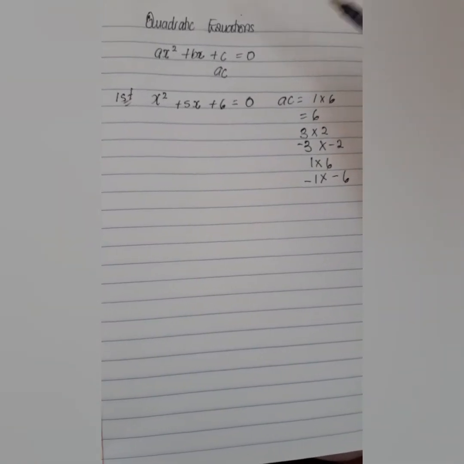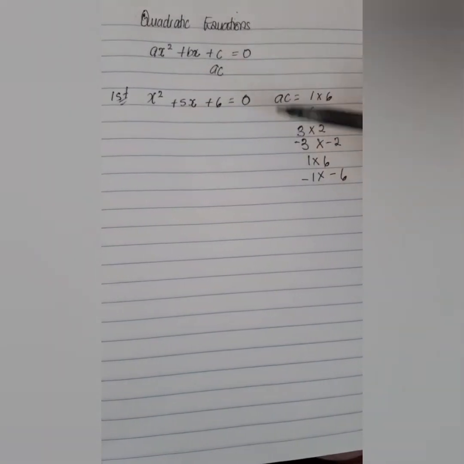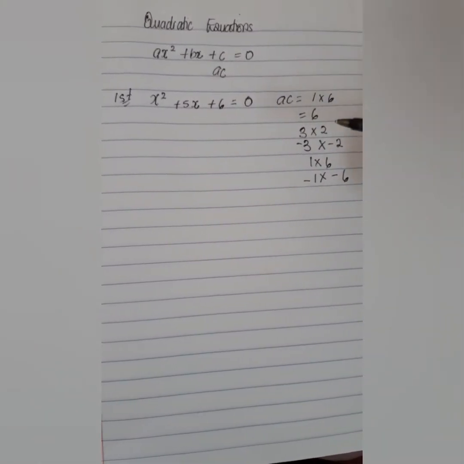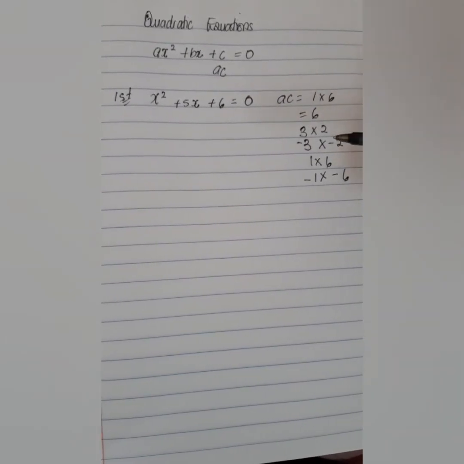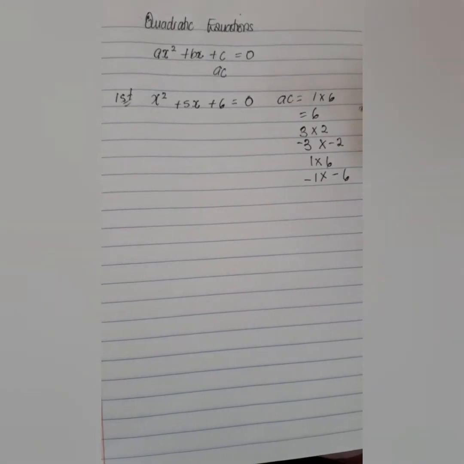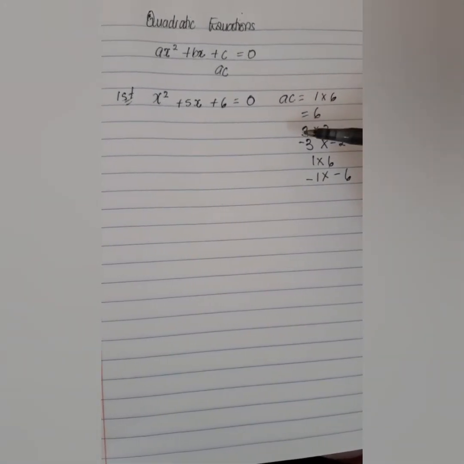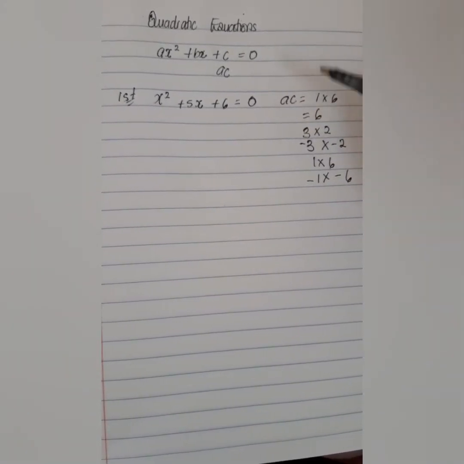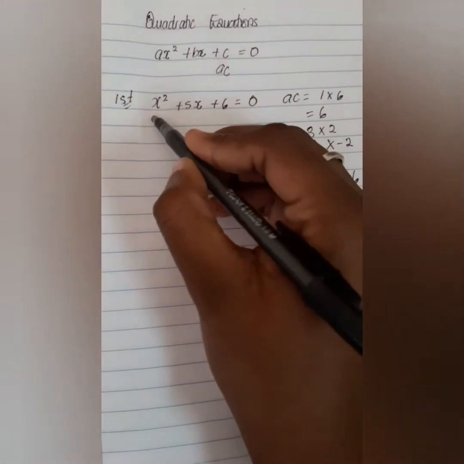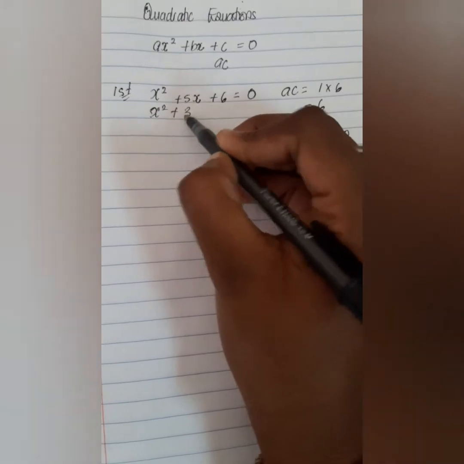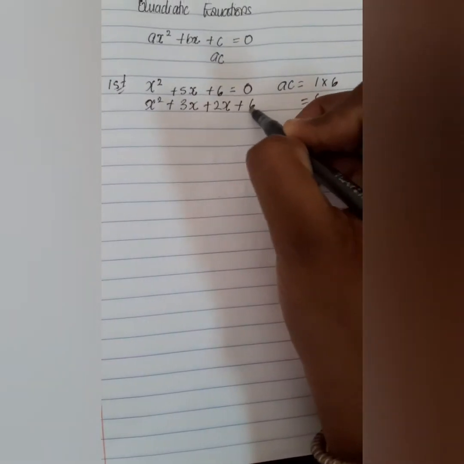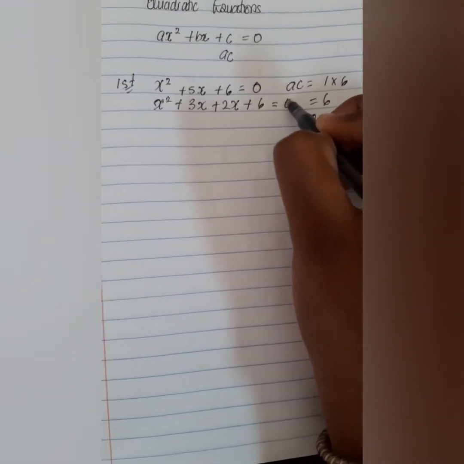Alright, so what we're going to do now, we're looking at our B value, which is 5. Which of the factors, when we add them, we're going to get a positive 5? So we can clearly see that it is 3 and 2. So we're now going to use these factors and substitute for B. So we now have x squared plus 3x plus 2x plus 6 equal 0.